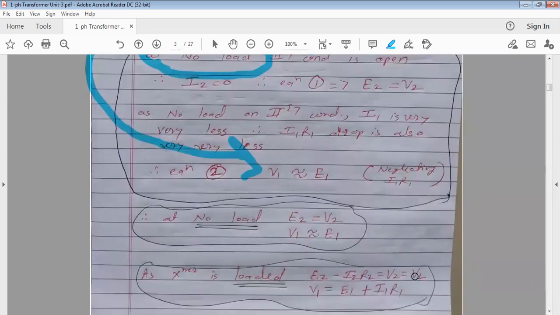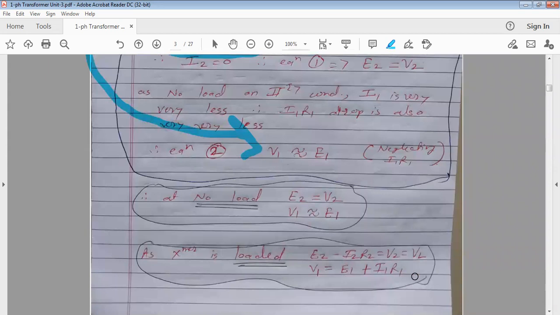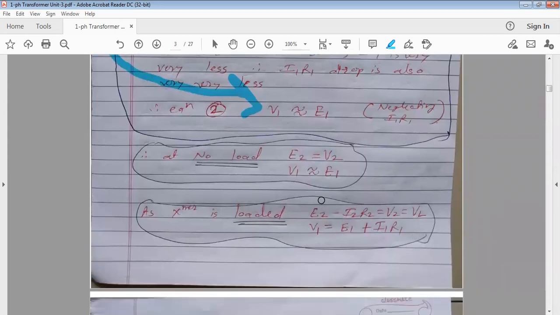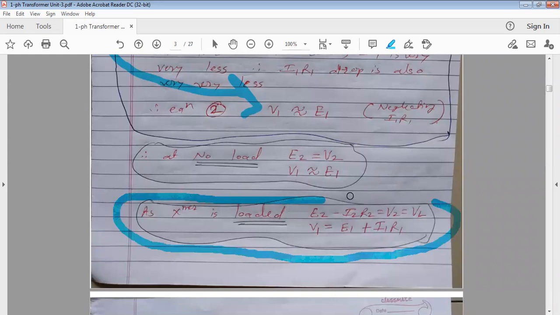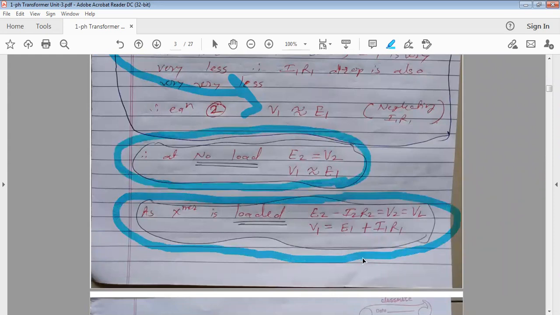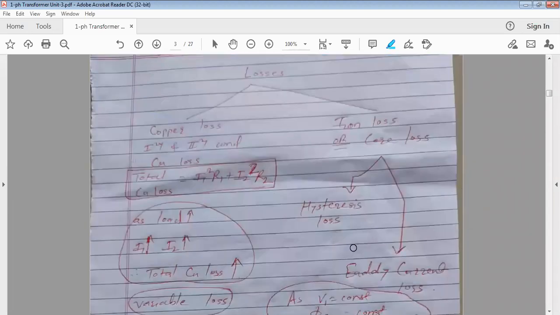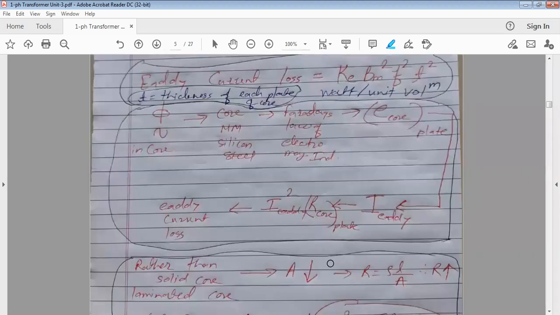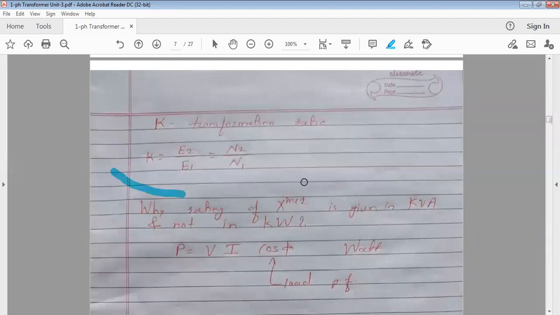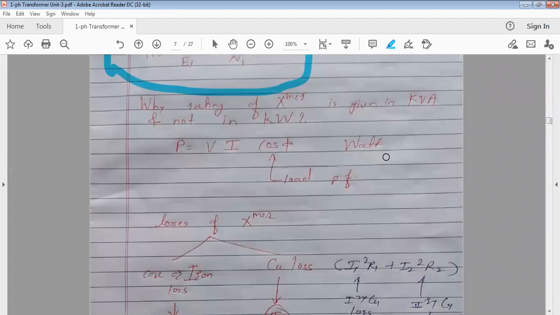What is the conclusion? When the transformer is under loaded condition, use this equation. When there is no load on the transformer, use these equations, isn't it? At no load condition, E2 is equal to V2, E1 is equal to V1. So the transformation ratio formula you can use for both conditions, under loaded and no load also.